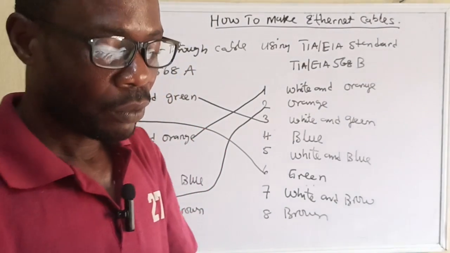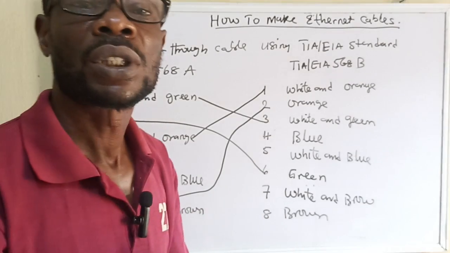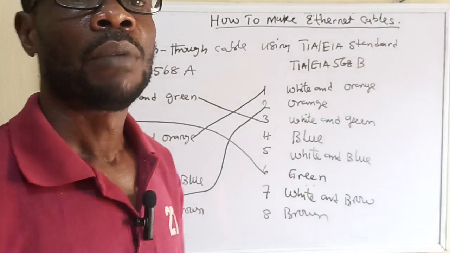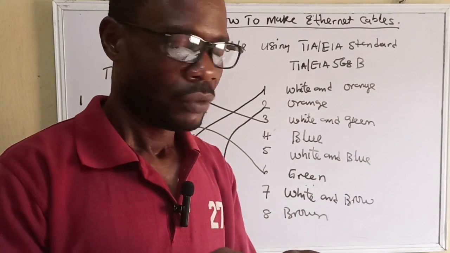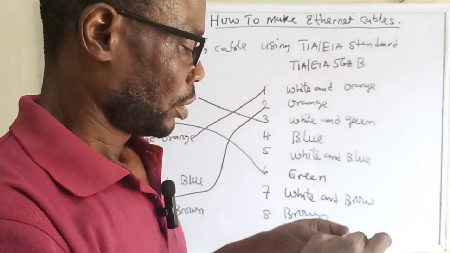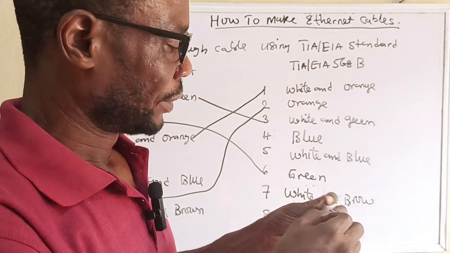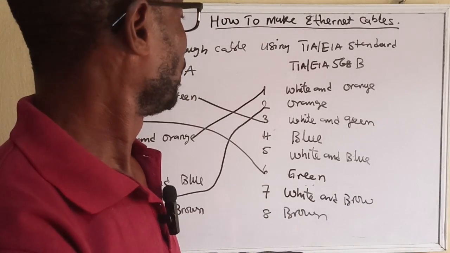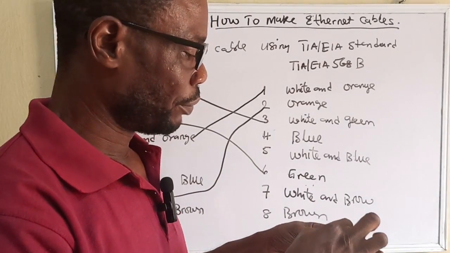Remember that crossover cables are for router to router, switch to switch, computer to computer. So I'll select white and orange. The second one is orange. The third is white and green. The fourth one is plain blue.